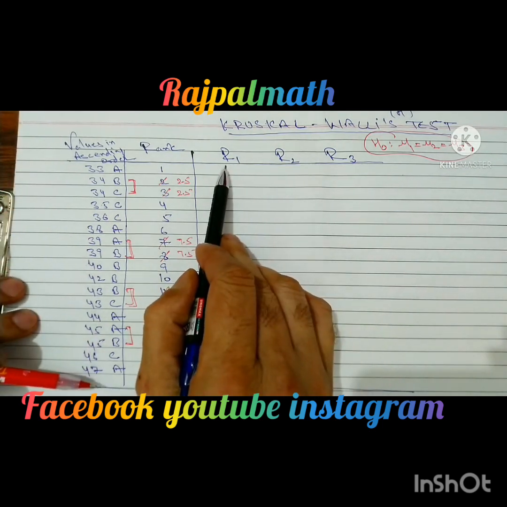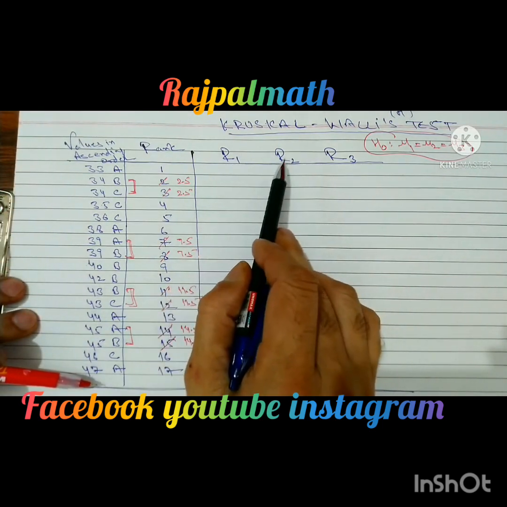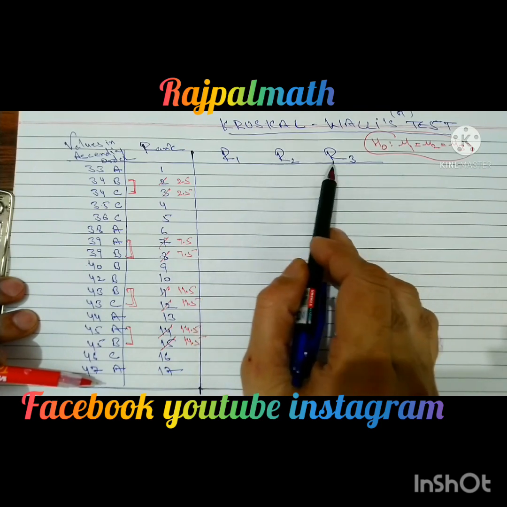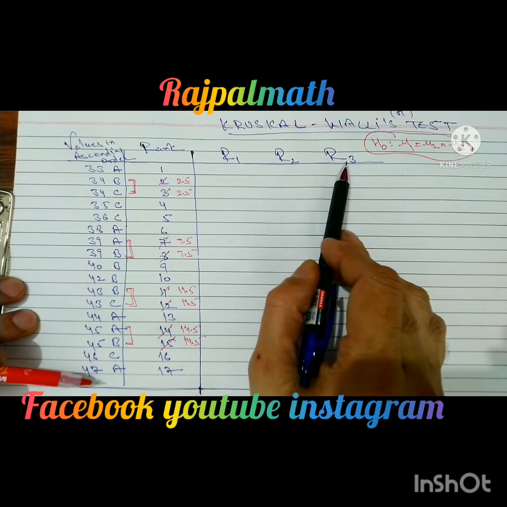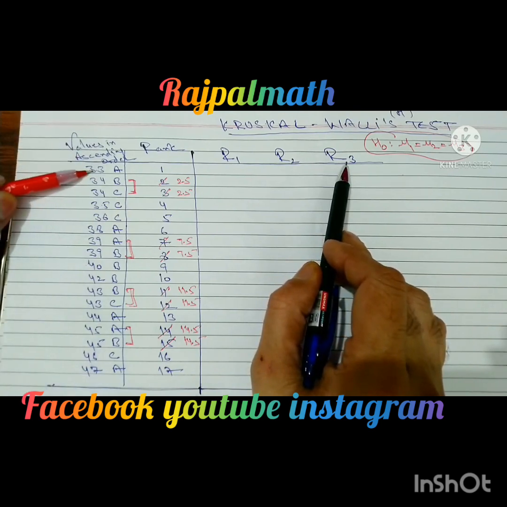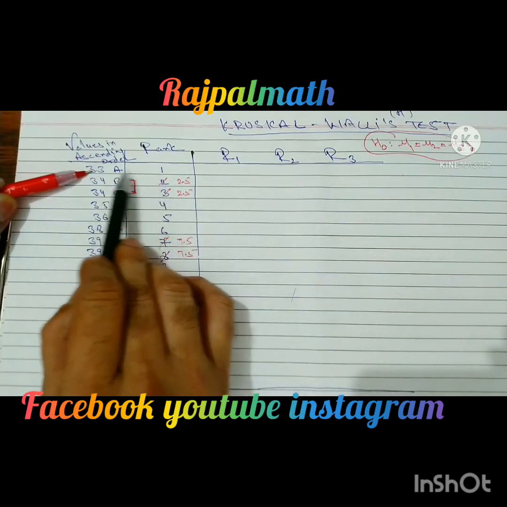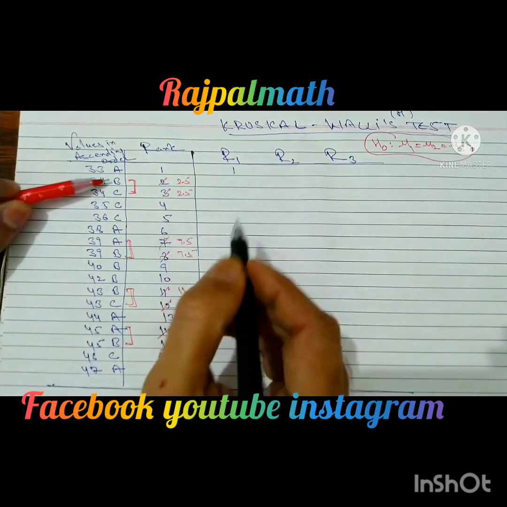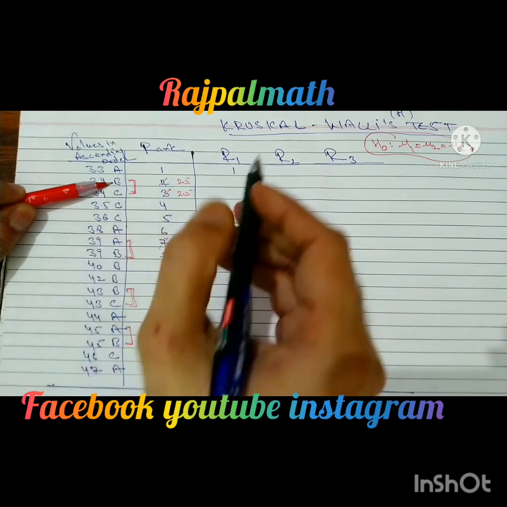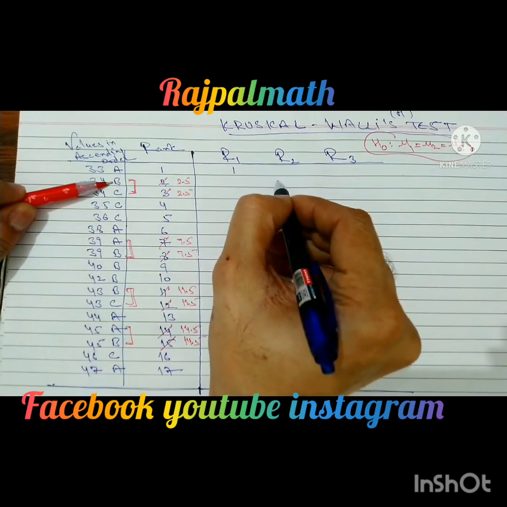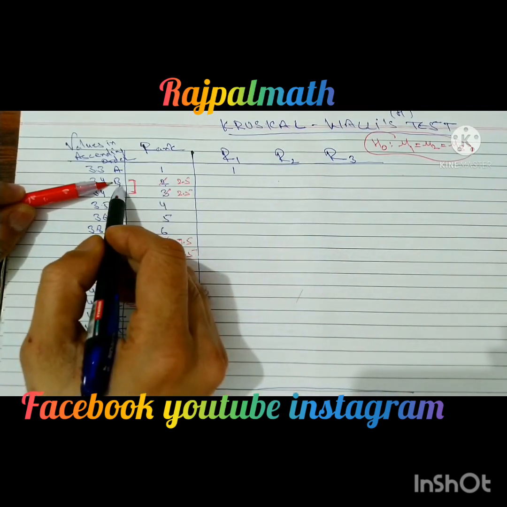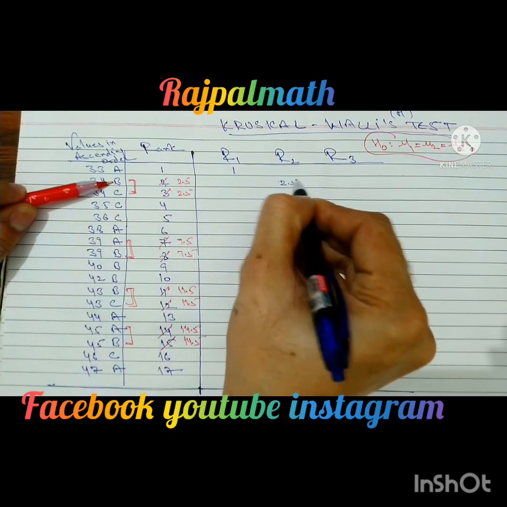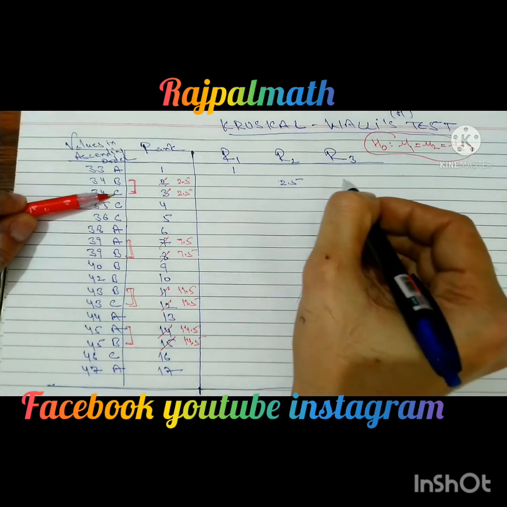R1 is the ranks of group 1, R2 is the ranks of group 2, and R3 is the ranks of all the elements belonging to group 3. The first rank belongs to 33, group A, so write 1 over here. Second belongs to a group B element, write 2.5. Third is group C, again 2.5.